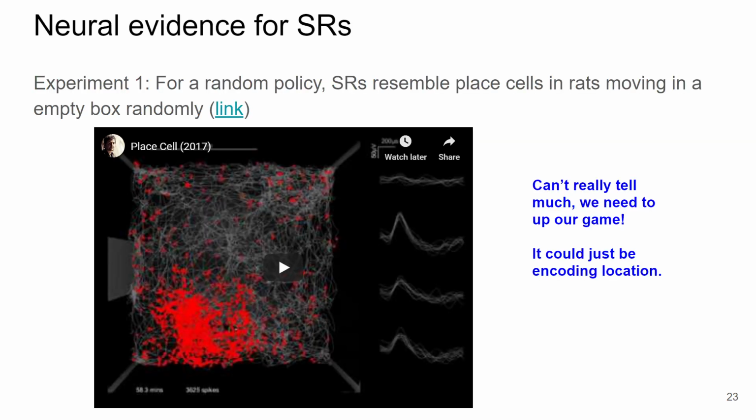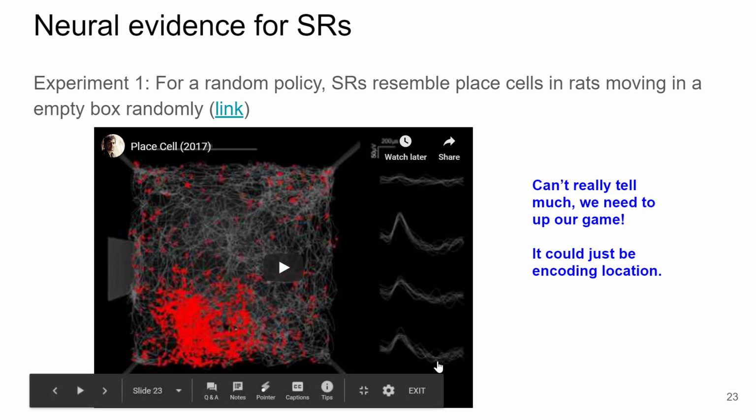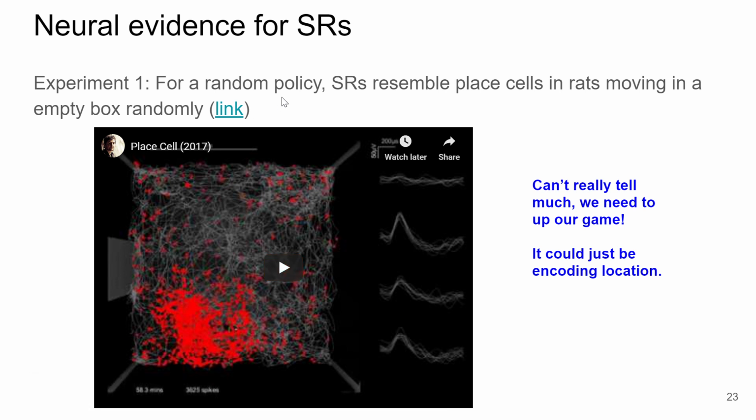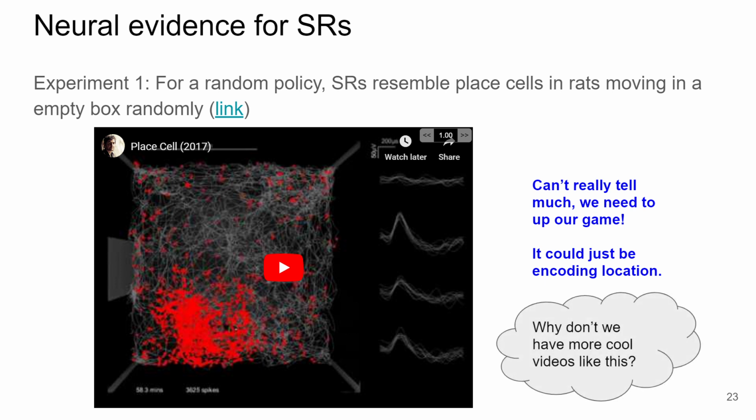Okay, so for people who haven't seen this before, I think this is going to look pretty cool. This is just a place cell experiment, recording from one cell while a rat is moving around. I hope this runs.